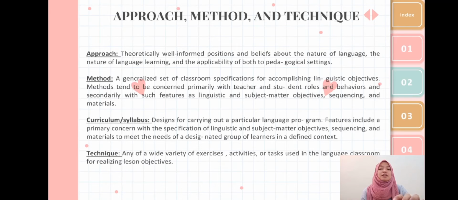The curriculum and syllabus is the definition about deciding and carrying out the particular language from grammar features, including primary concern with the specification of linguistic and subject matter objectives, sequence, and material to meet the needs decided.